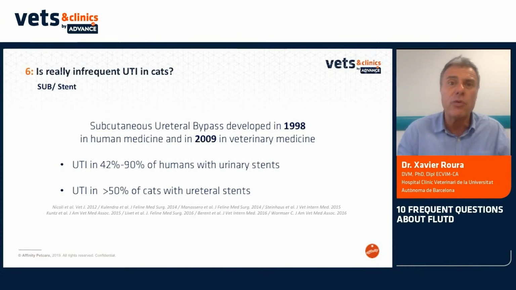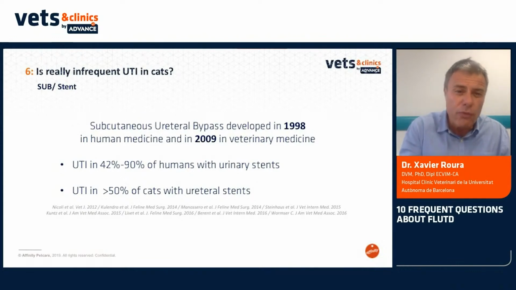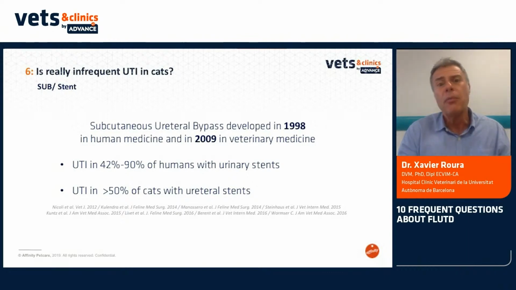We need to remember that in humans, the subcutaneous urethral bypass was developed many years ago, and in veterinary medicine this is quite recent. In the last 10 years, the use of subcutaneous bypass or stents has become more frequent. In humans, we found close to 50%, or more than 19%, of humans with urinary stents have a urinary tract infection.